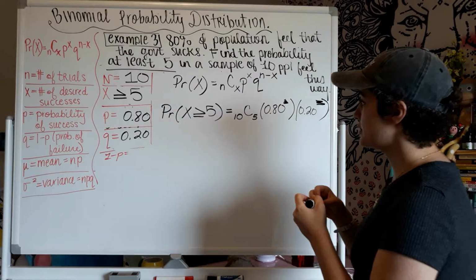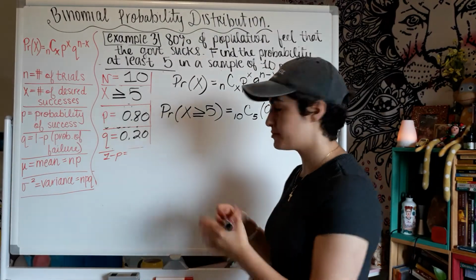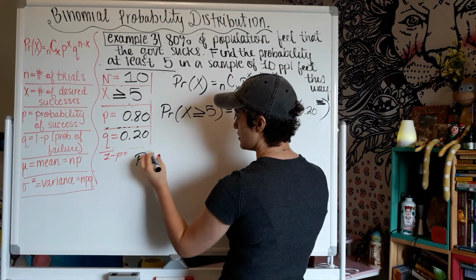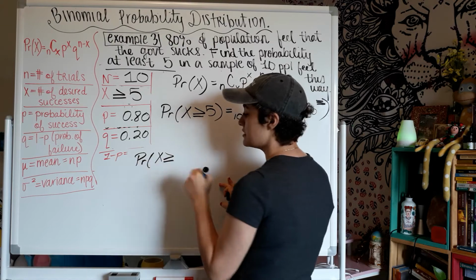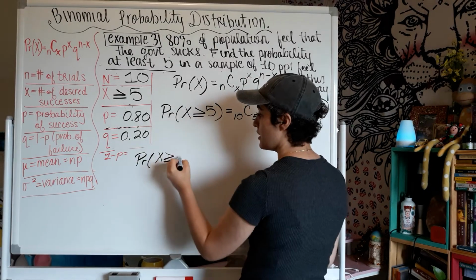So now what we're going to do is, let me actually explain what this means. So the probability of X being at least 5, so it could be 5, it could be 6, it could be 7, it could be 8, it could be 9, 10.